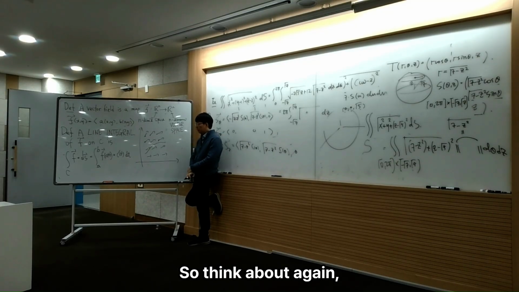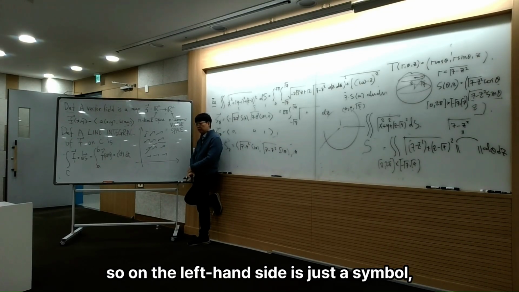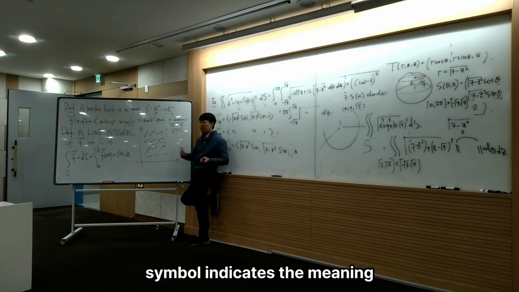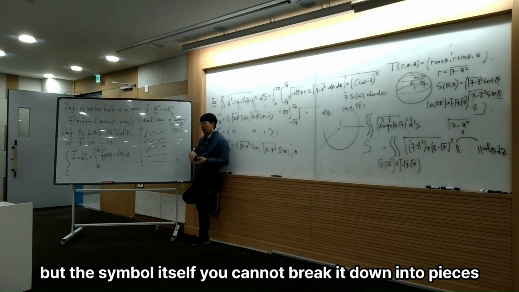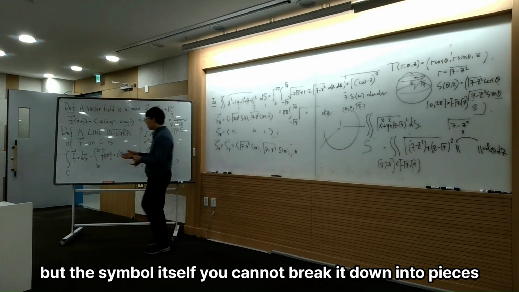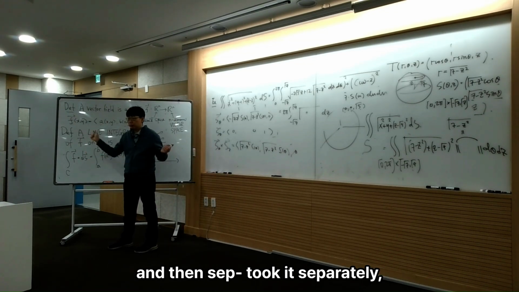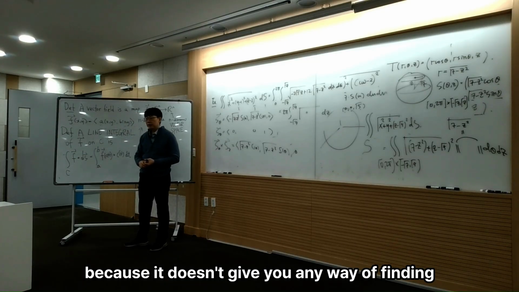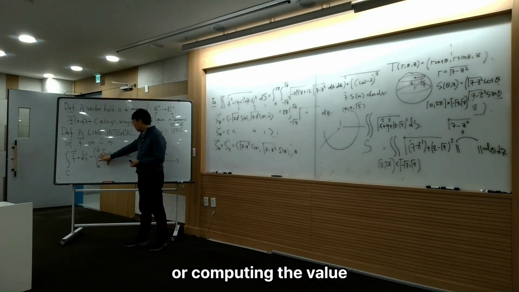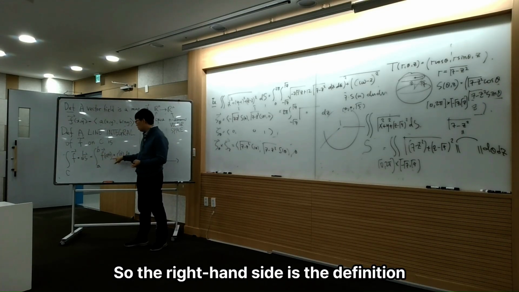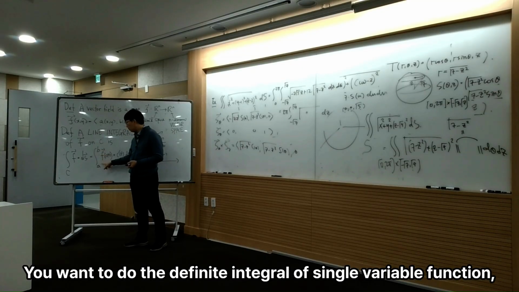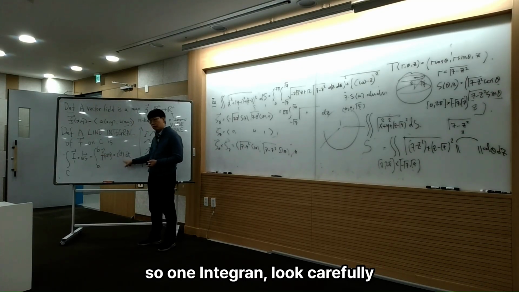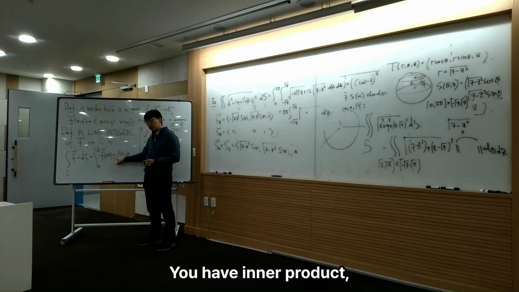So think about it again. On the left-hand side is just a symbol, and the symbol indicates the meaning of the line integral, but the symbol itself, you cannot break it down into pieces and take it separately, because it doesn't give you any way of computing the value. So the right-hand side is the definition. You want to do the definite integral of a single variable function. So on the integrand, look carefully. You have inner product.